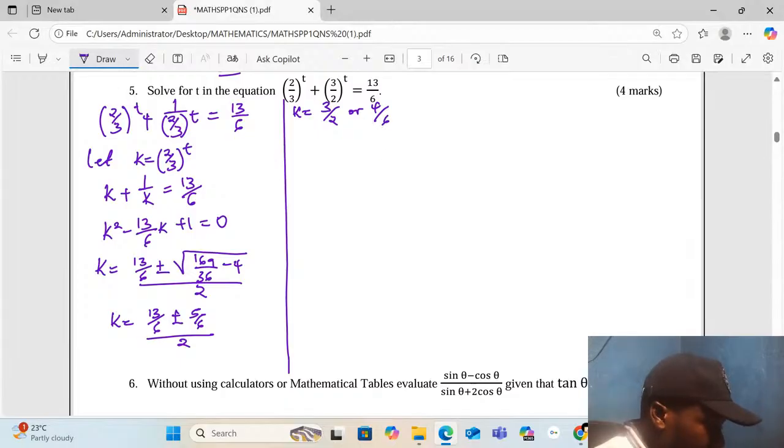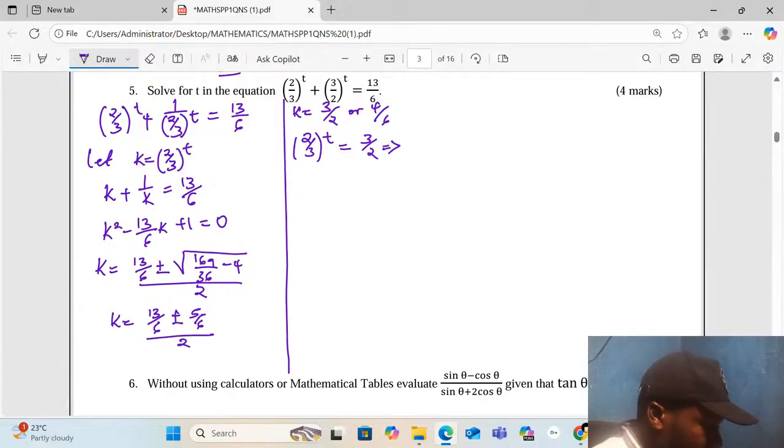So we now replace when k is 3 over 2 and when k is 4 over 6. So 2 over 3 to the power t is the same as k, and we are now taking k to be 3 over 2.